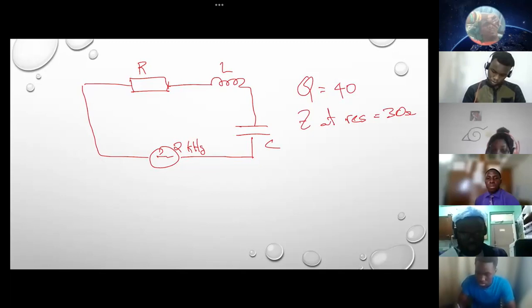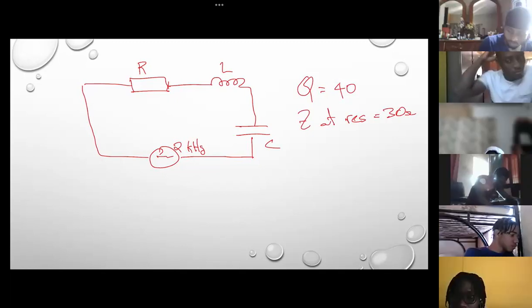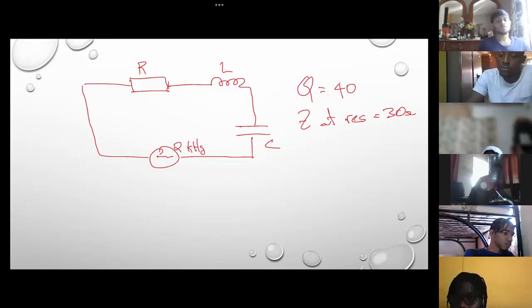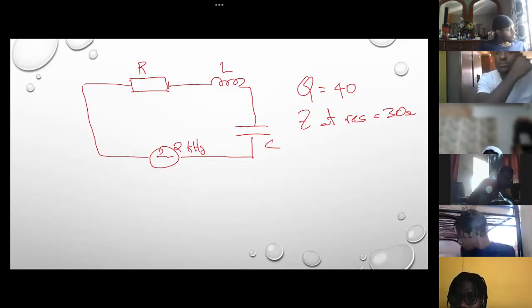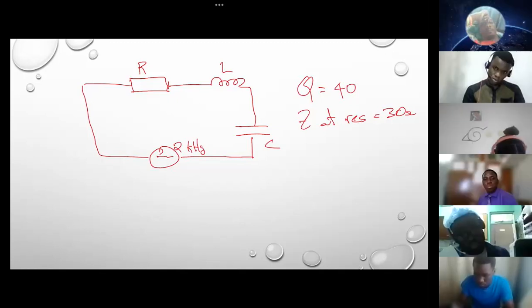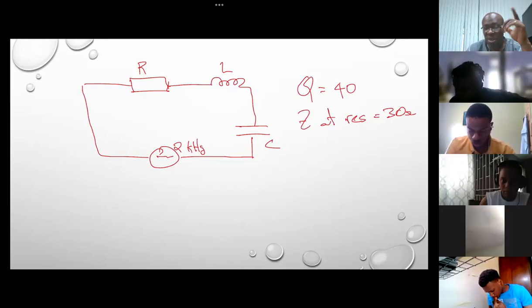Where do we start? We want L and C. So let's start with L. Anybody want to jump in? So we could use the Q factor formula, omega R, sorry, this is FR. What are we trying to find?